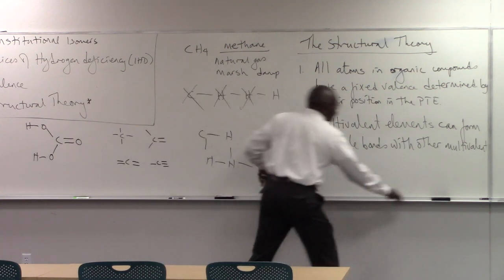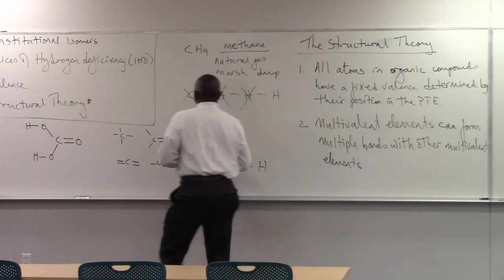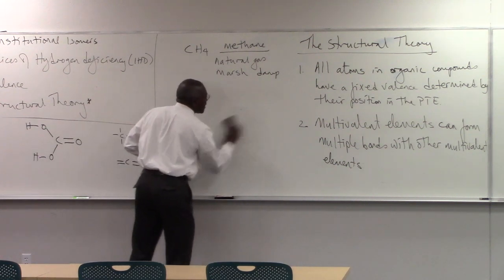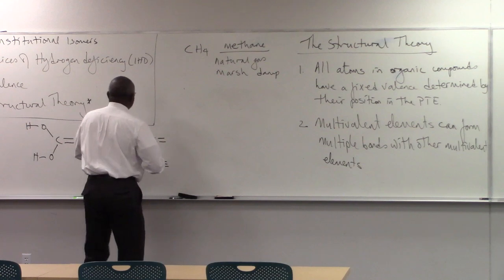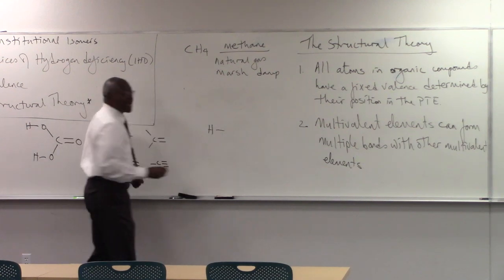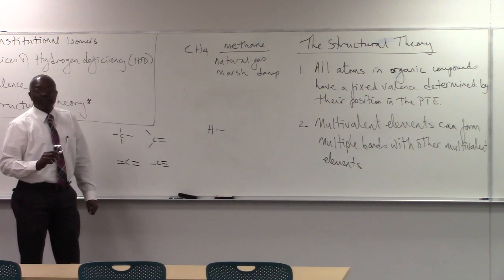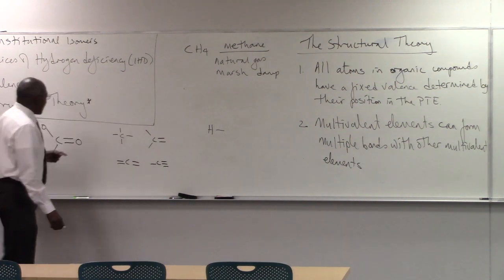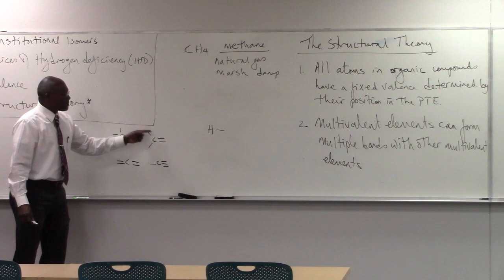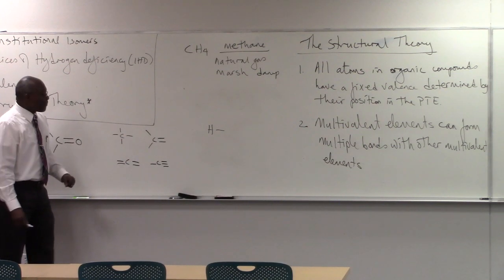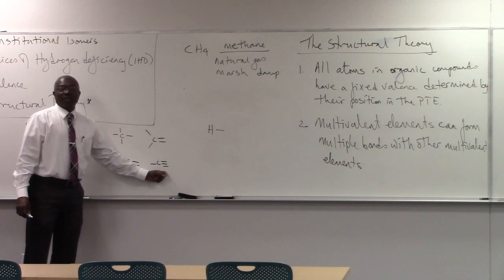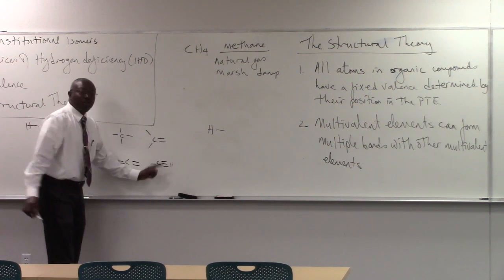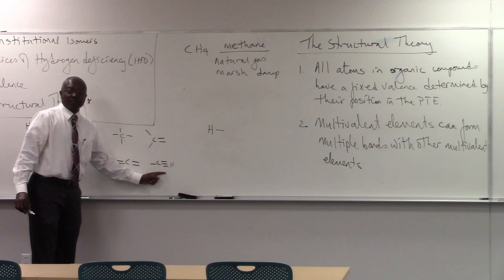So, how do I draw then the structure of methane? How can I draw that? Well, I know that H is monovalent. So if I have one carbon and 4 hydrogens, and I look at the options that are available, well, clearly, I can't use this one. Because sticking an H here is not possible because H can't form a triple bond.